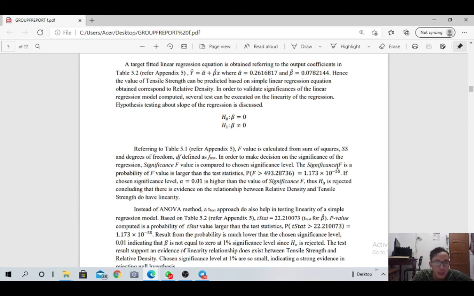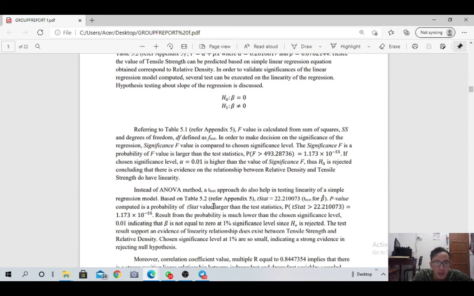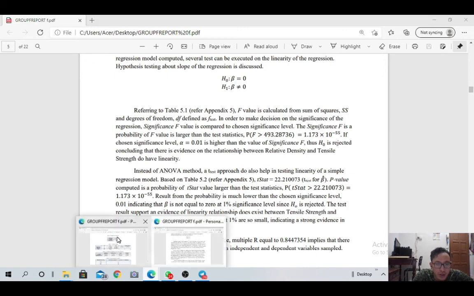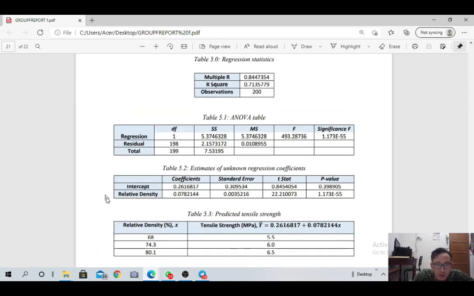There is also another method instead of ANOVA, which we call a t-test. By referring table 5.2, okay, let's refer 5.2 here, this one.